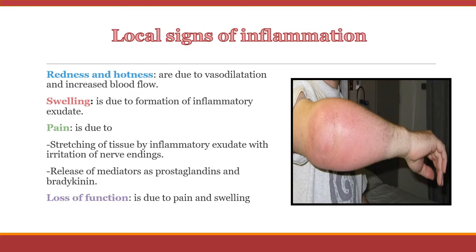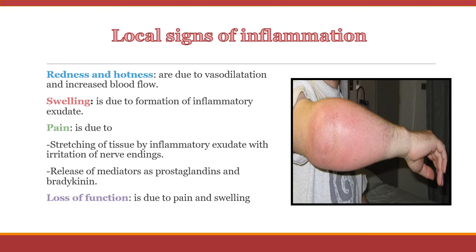First of all, the redness and the heat or hotness. Why will the area of inflammation be red and hot? This is caused by the vasodilatation and increased blood flow to the area of inflammation. So these two vascular changes are responsible for the redness and hotness of the inflamed area.